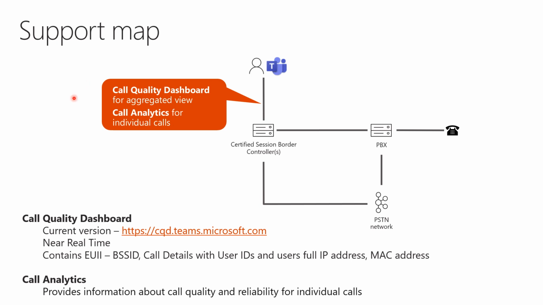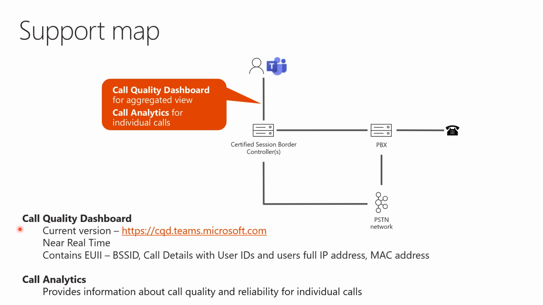Now, the difference between the two, call quality dashboard, which you can find at the URL that you see here, is a near real-time dashboard that allows us to see the calls that are being made by a user containing all of the end user identifiable information.